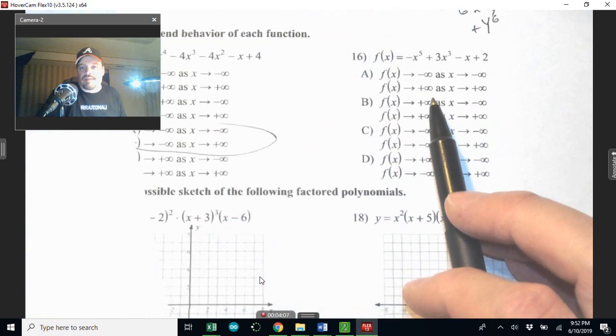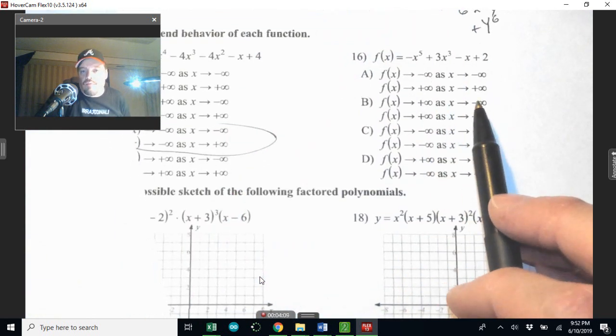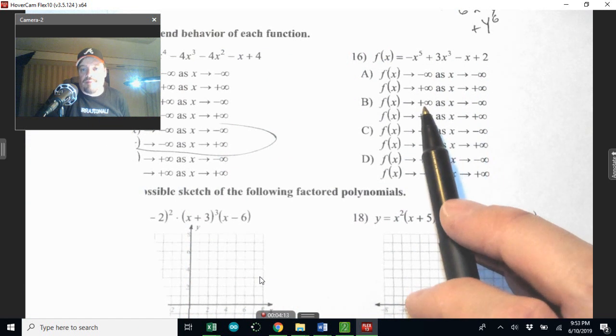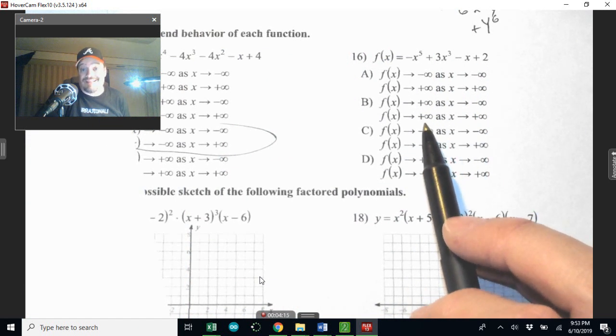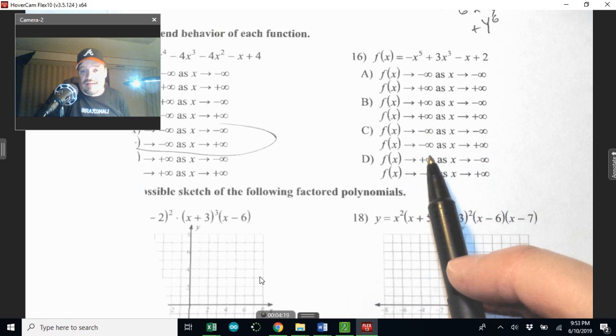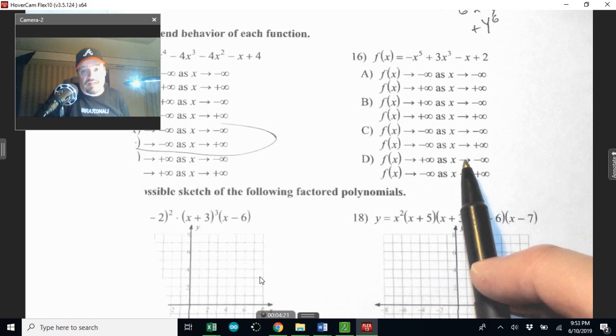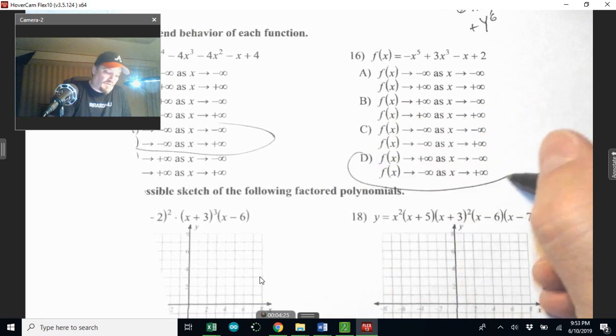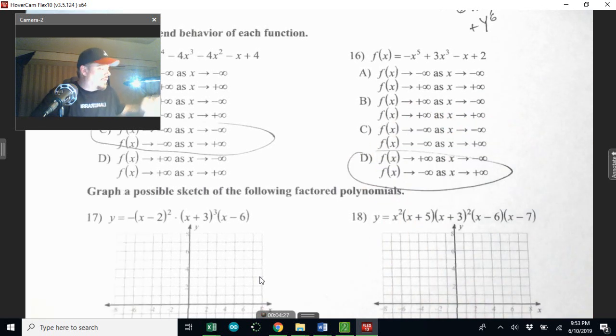Okay, so this one is a positive even, that's a positive even. This guy's a negative even. This guy starts off positive to the left, negative to the right. So this is my guy right here. All right? So that's all for that.